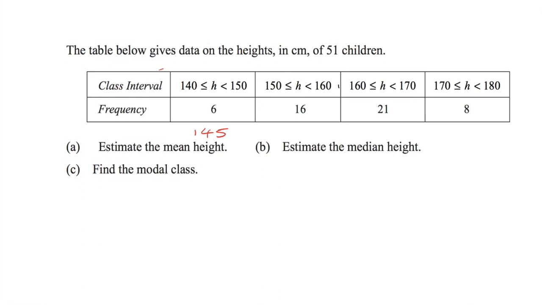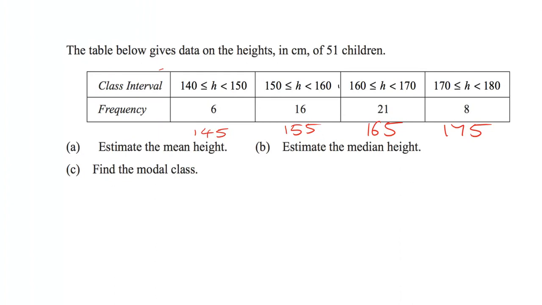In the same way, let's say that we have 16 children, all with a height of 155, 21 students, all with a height of 165, and 8 students with a height of 175. Now we're going to be able to make an estimate for our mean using these figures. And that's a fairly safe assumption. We can hopefully be reasonably accurate if we take that midpoint.